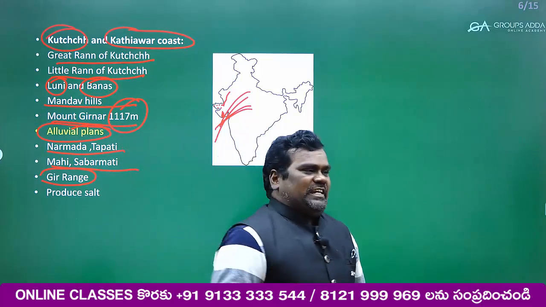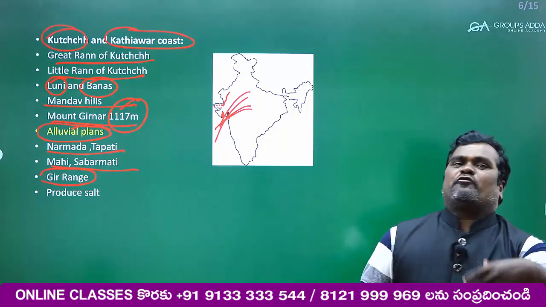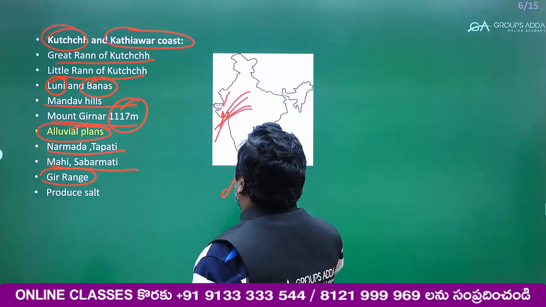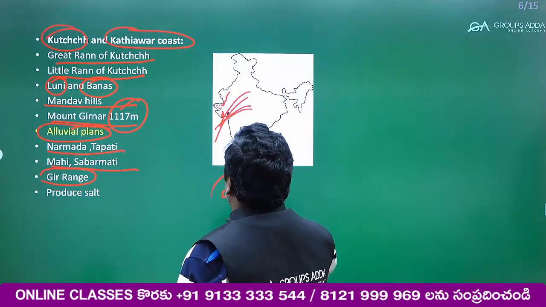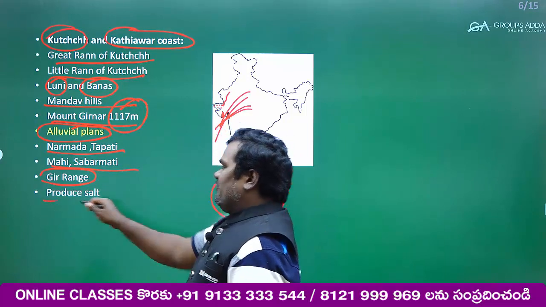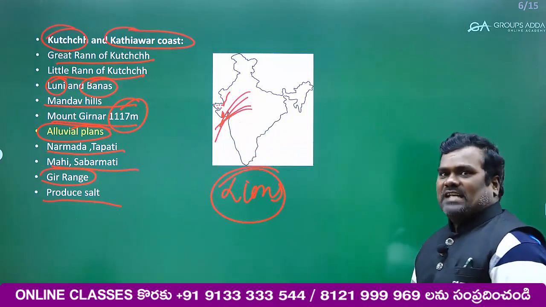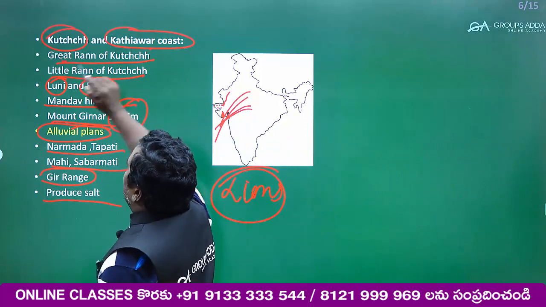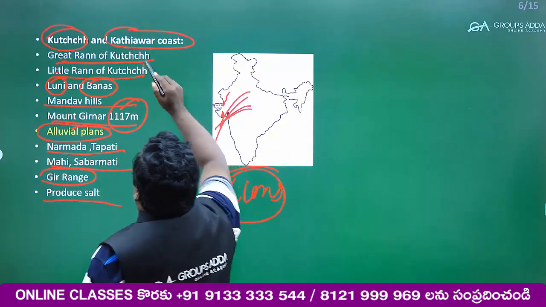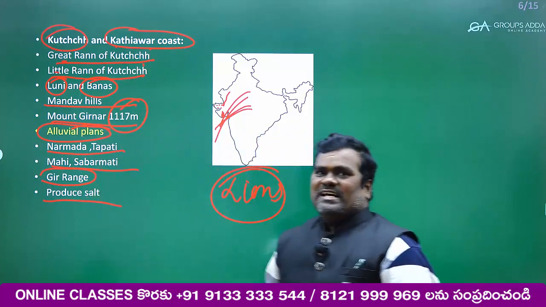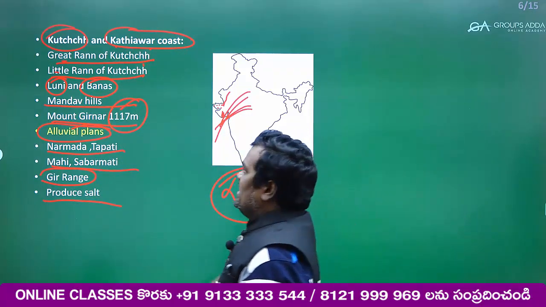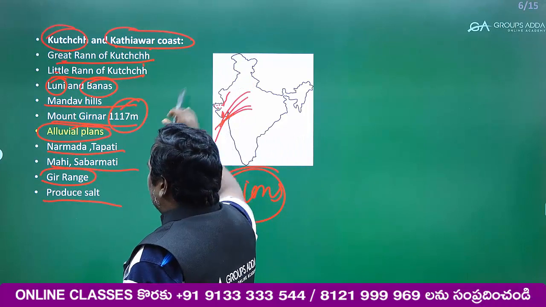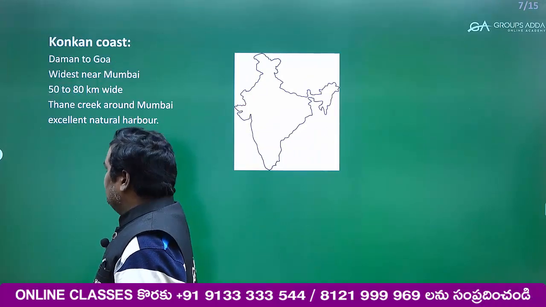What is it famous for? Gir forest is famous for lions. And my dear friends, here we are producing salt in the Great Run of Kutch, or the Little Run of Kutch, or the Kathiawar coast, isn't it? Yes, here we are producing namak.